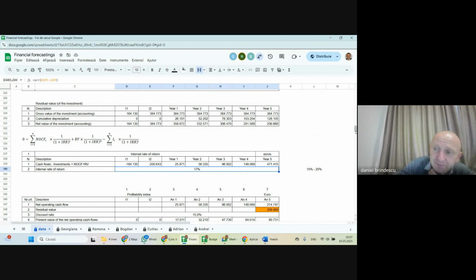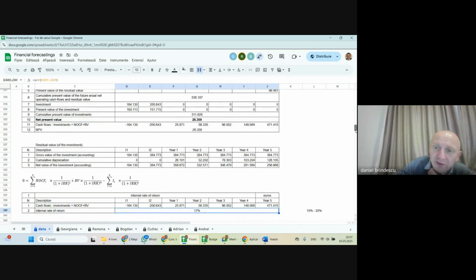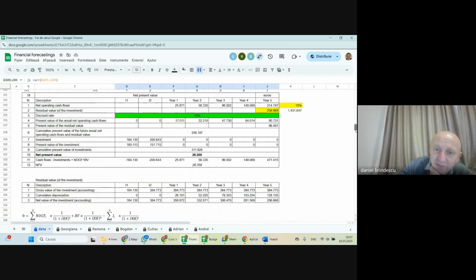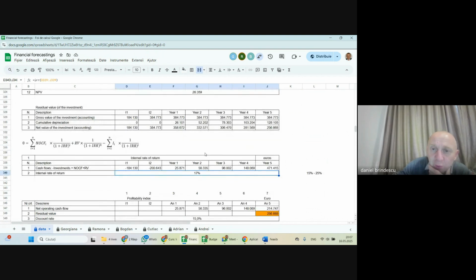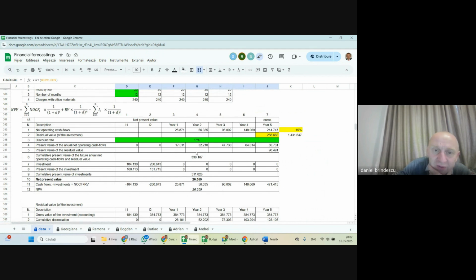at this point, all of us need to realize that these indicators were calculated based on values for the investment and for the net operating cash flows. So based on values that are not certain, but rather subject to risks, many risks.